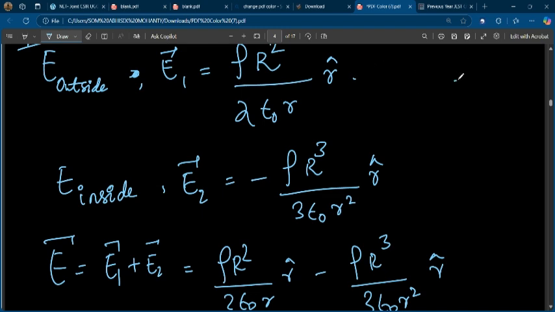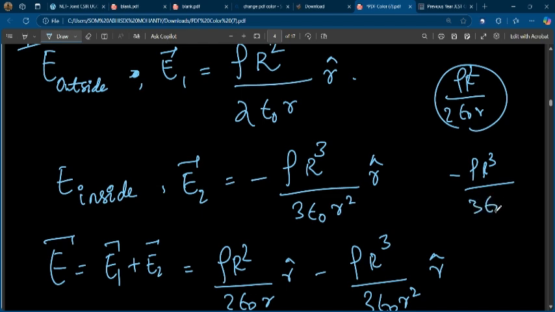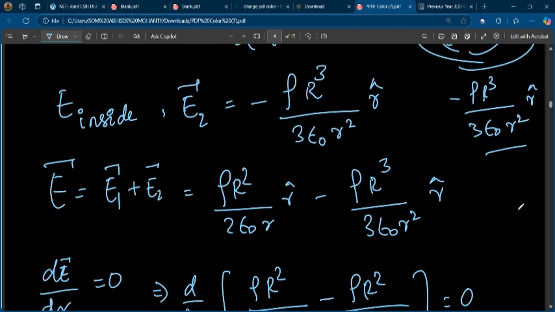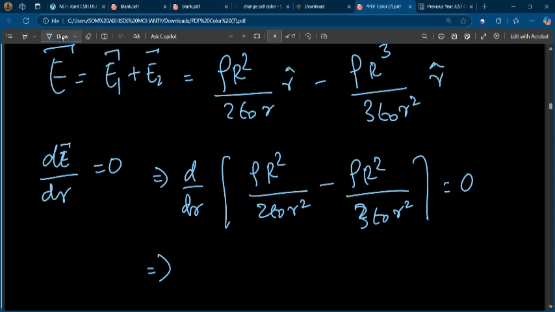So outside it is rho R square by 2 epsilon naught r. Inside it is minus rho R cube divided by 3 epsilon naught r square. Pardon, my bad. Otherwise there is no point of this derivative.